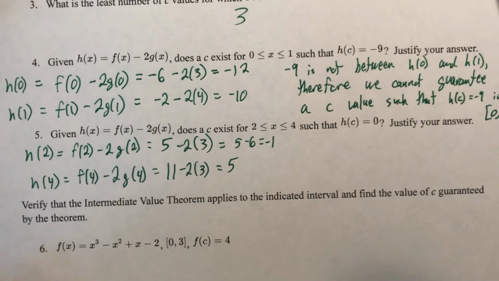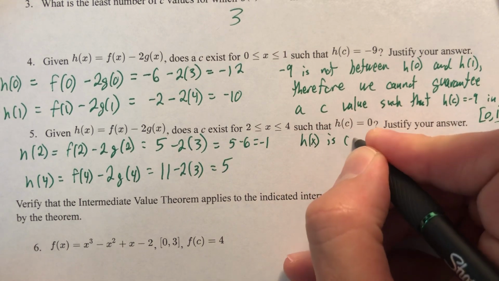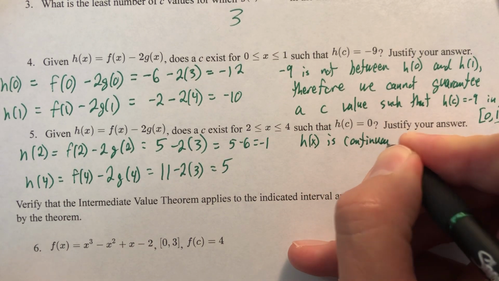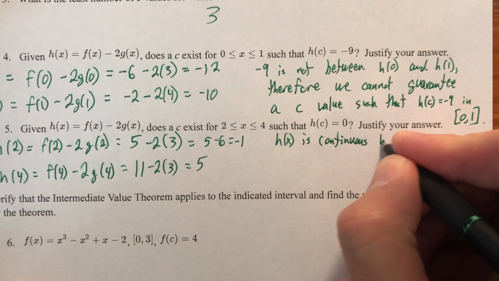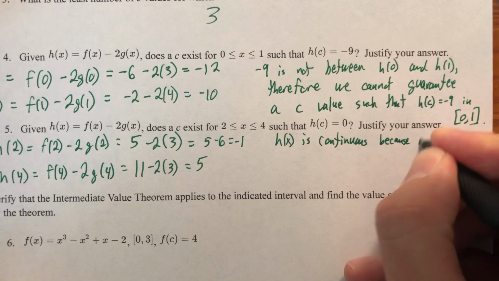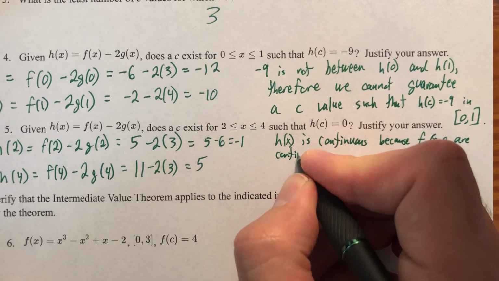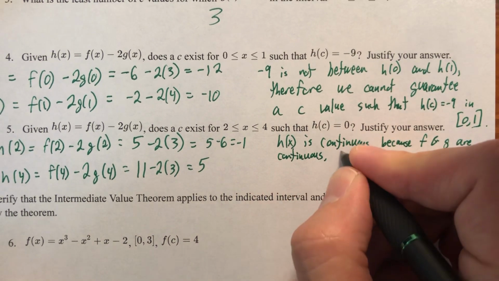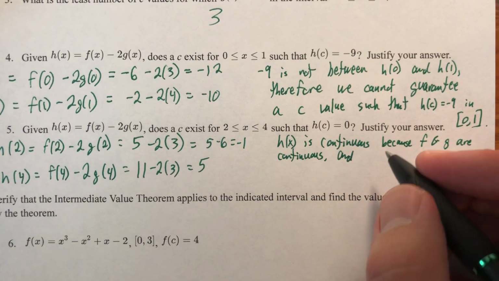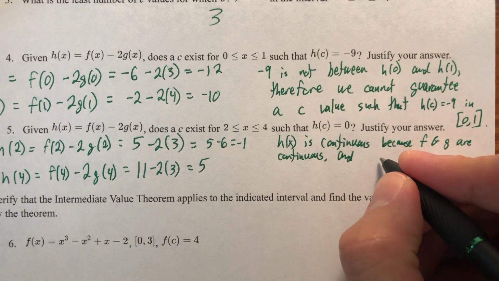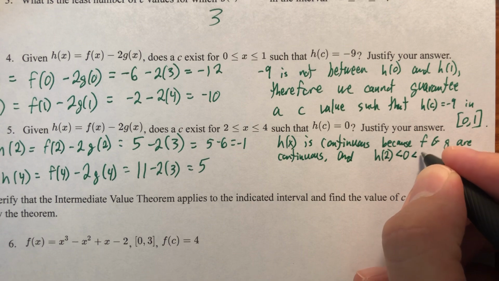Let's write our explanation. So, H of X is continuous. I want to tell you why, actually. Continuous because F and G are continuous, because they said so. And also, we know that 0 is between those two values. So H of 2 is less than 0, less than H of 4.